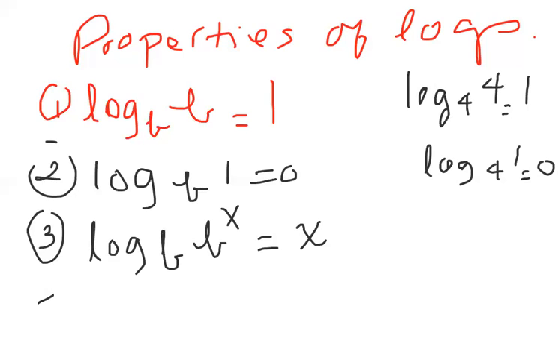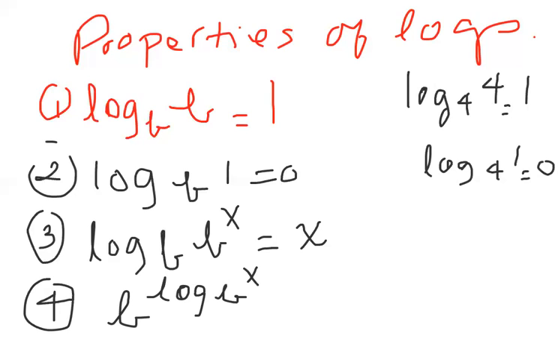And then there's a number 4 that is very similar to this one, but be careful how you write it. It's b to the log base b of x, and this one will also simplify to x. Now, these two right here, they're inverses of each other. They're practically the same thing. So guys, pretty much here's an example.